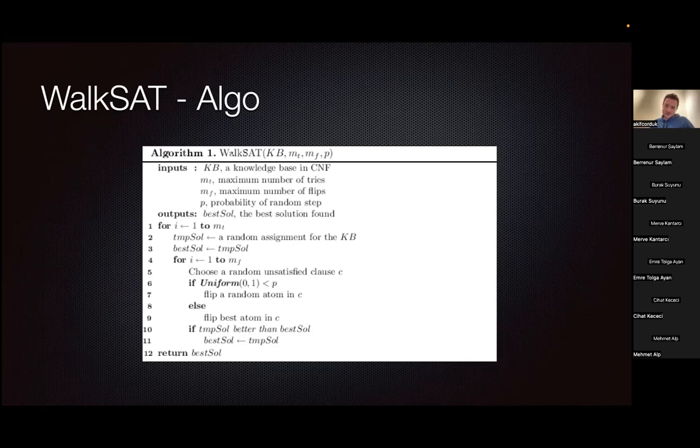Are there any clauses that were satisfied before and become unsatisfied after flipping this particular literal? Then we take the count of them, the count of how many clauses we have broken. We do this for every literal in the clause, then find the best literal that causes the least amount of break in all the other clauses, and choose that particular literal to execute.